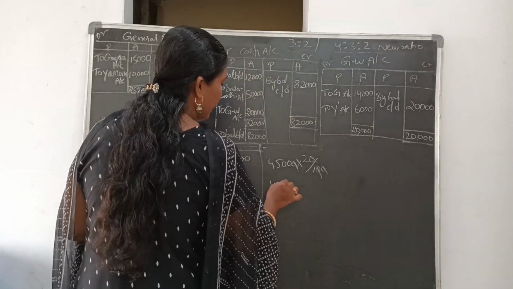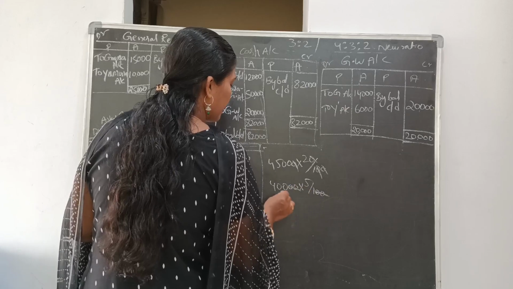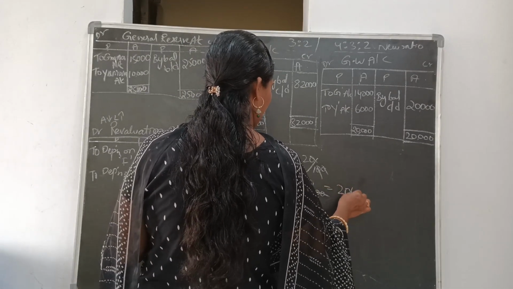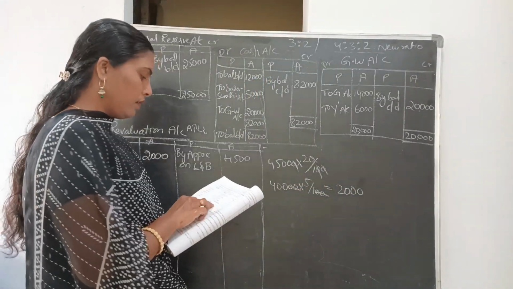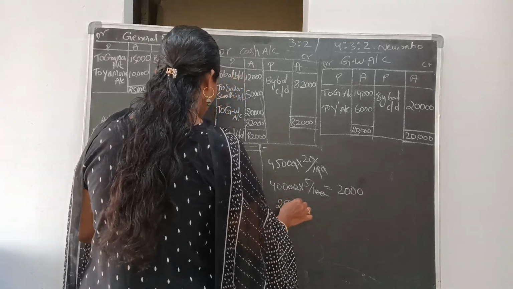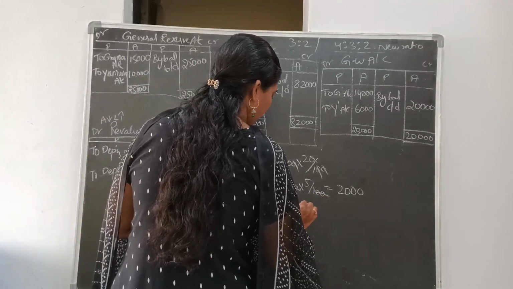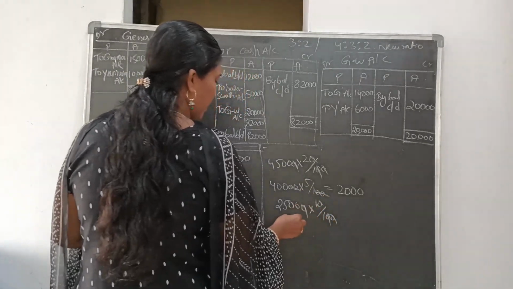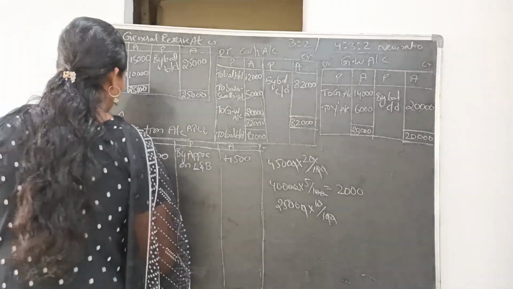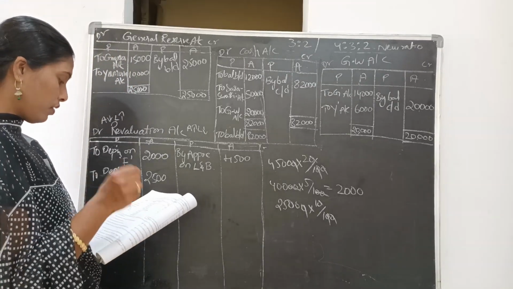Furniture value is 40,000. So 5 by 100, zeros cancel, 4 fives are 20, so 2,000. Next stock. Value of stock is 25,000. Depreciate by 10%, so 2,500 is the depreciation on stock.